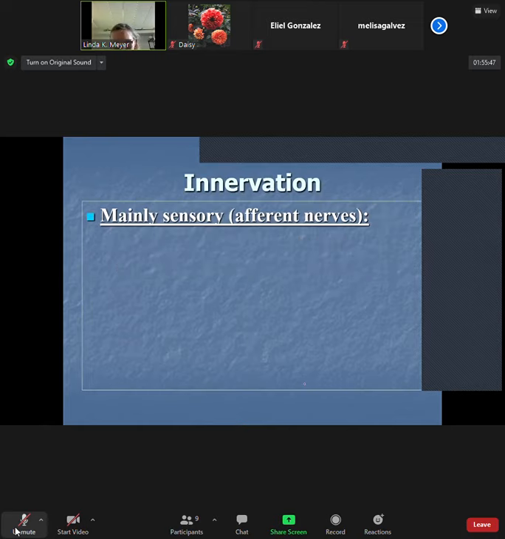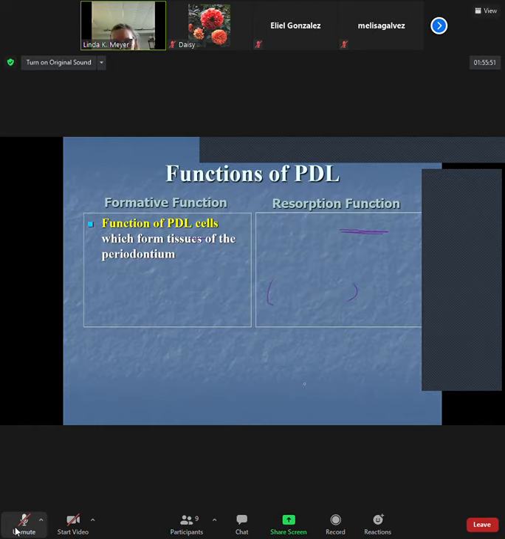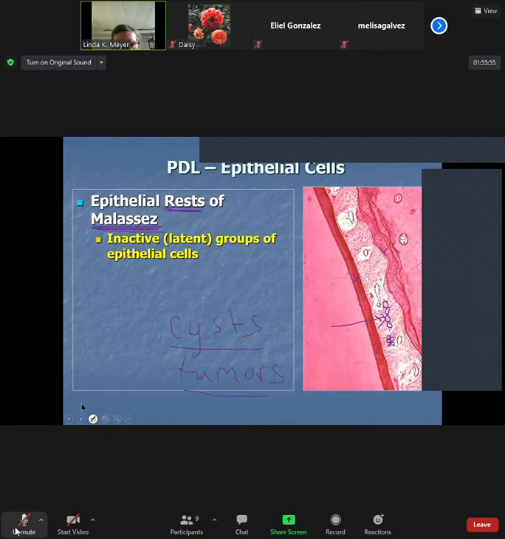Show one more thing on the picture we were labeling earlier. Okay, where the blood vessels are in the interstitial areas, so let's just say right here, here's this blood vessel. Nutrients are going to be supplied to the PDL, but because that PDL is between the cementum and the alveolar bone, it's also going to supply the cementum, which is avascular.